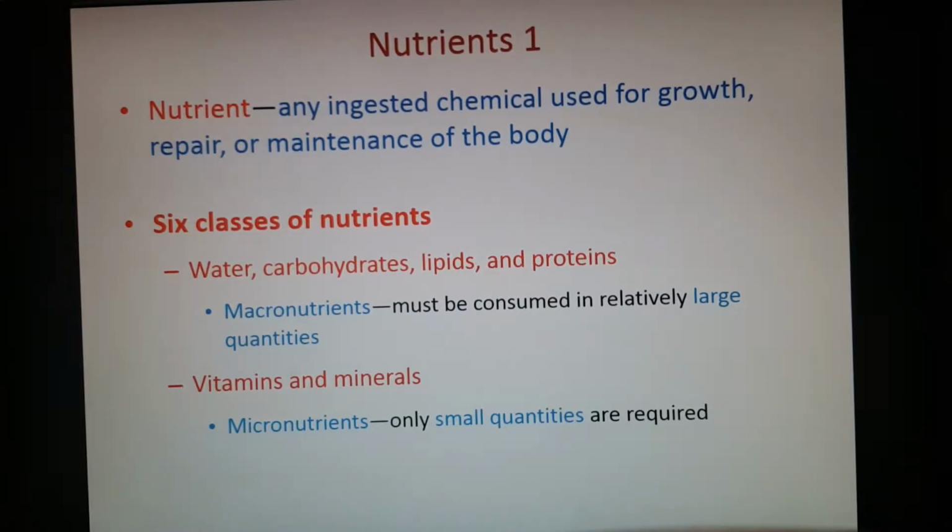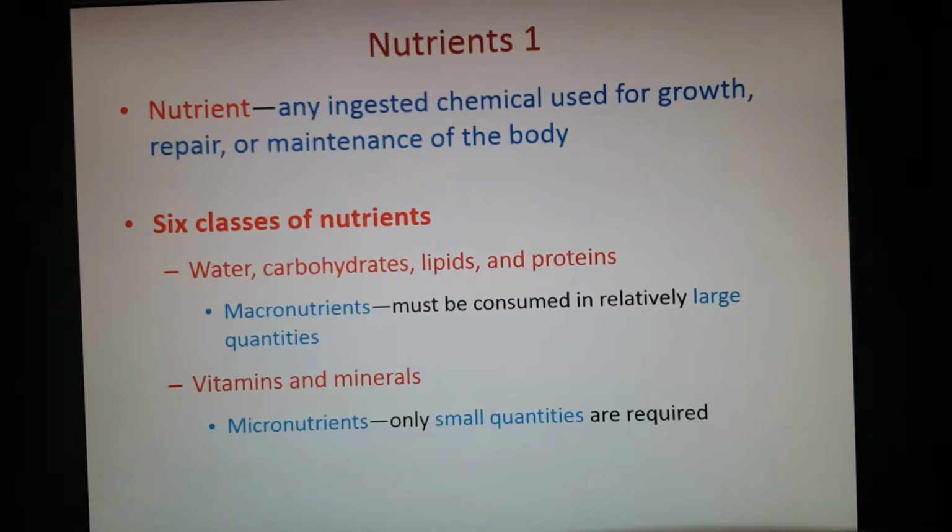Okay, so when our body tells us that we are hungry and we take in food, part of what we take in has different nutrients in it. So there are 6 classes of nutrients. You have water, carbohydrates, lipids, proteins, vitamins, and minerals. Your water, carbohydrates, lipids, and proteins are called macronutrients because you need large quantities of them.